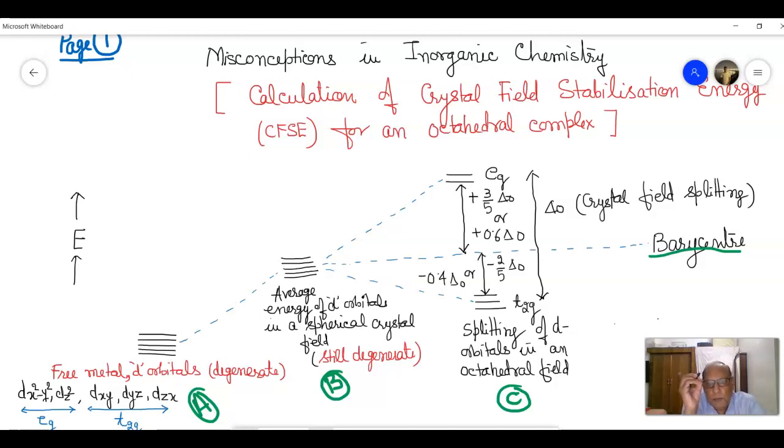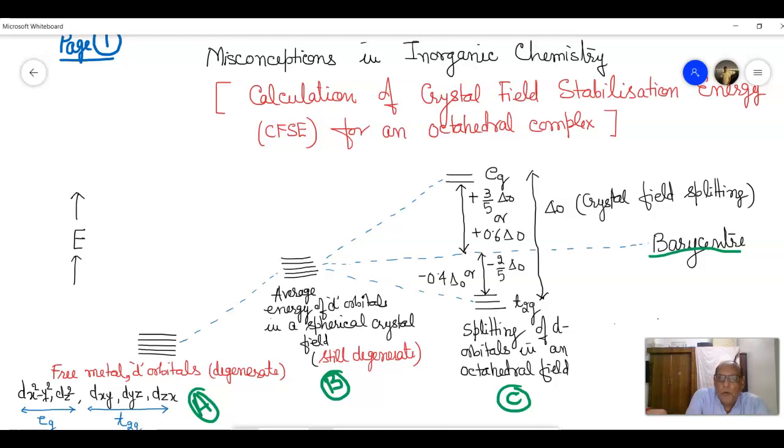What happens here is that each Eg orbital goes up from the barycenter by an amount of energy equivalent to 3 by 5 delta O, where delta O is the energy difference between Eg level and T2g level.